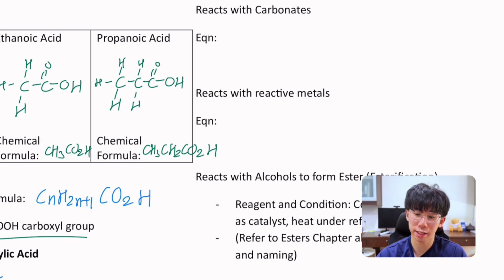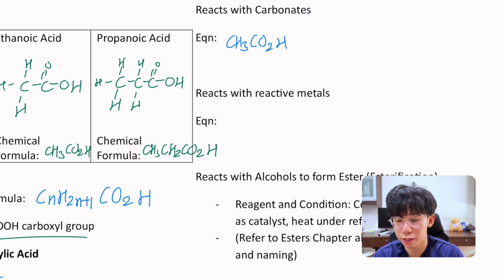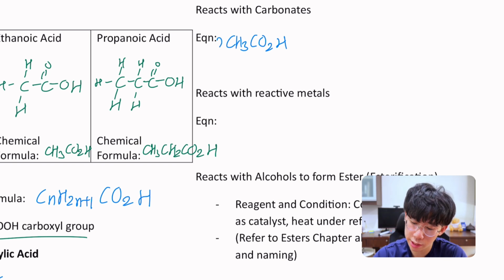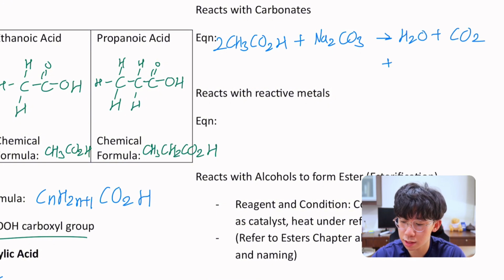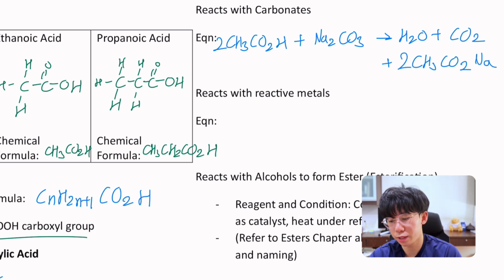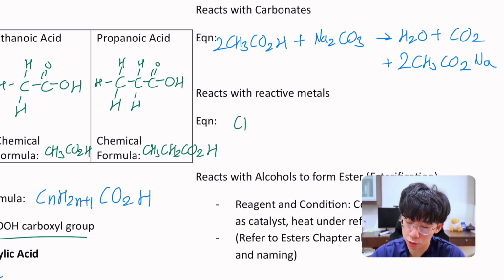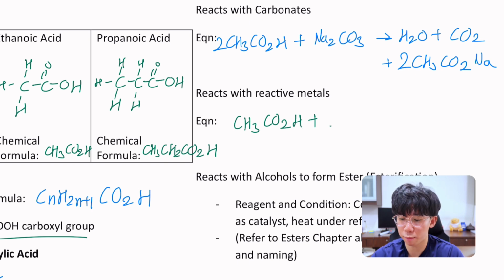Of course, your ethanoic acid can react with carbonates as well. For example, if I were to give CH3CO2H, two of this can react with sodium carbonate to give H2O plus carbon dioxide plus your CH3CO2-Na+, 2 of these. They can also react with reactive metals. Let's say I add a reactive metal of magnesium.